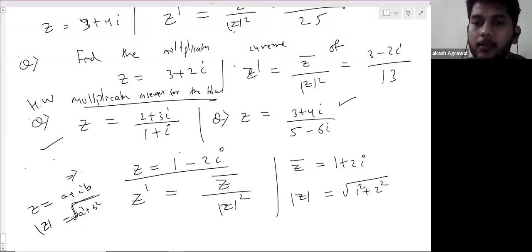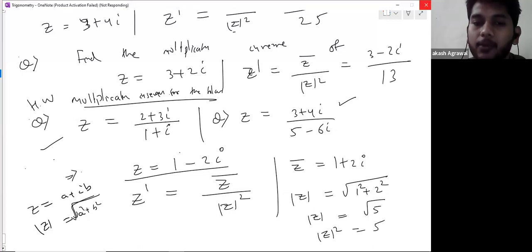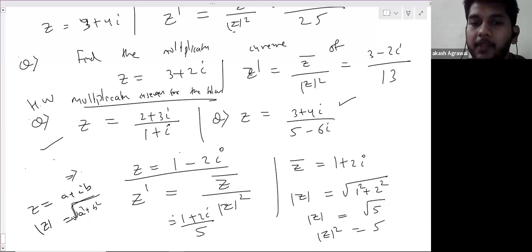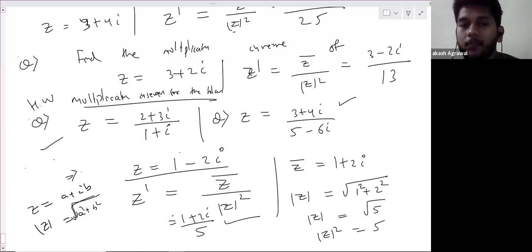So this is root 5, and we need mod z square, so if I square this, the answer will be 5. Just put the values here and you'll get the answer: 1 plus 2i divided by 5. Got it?